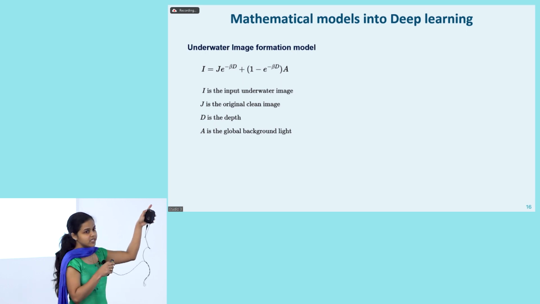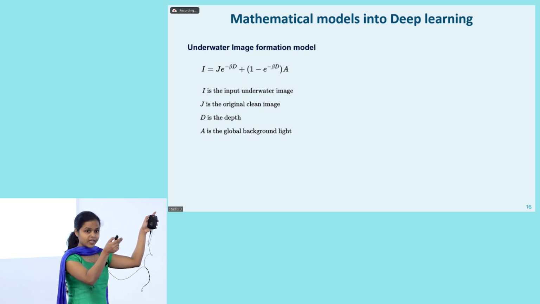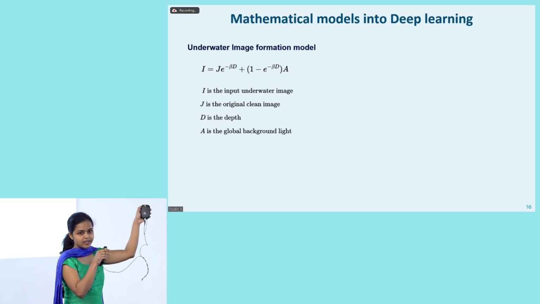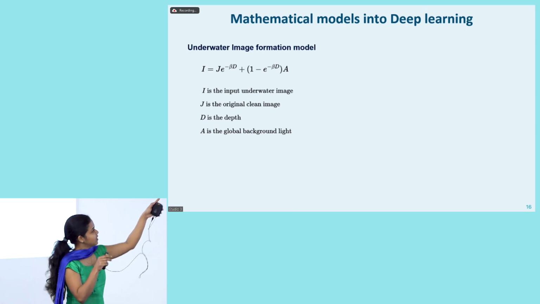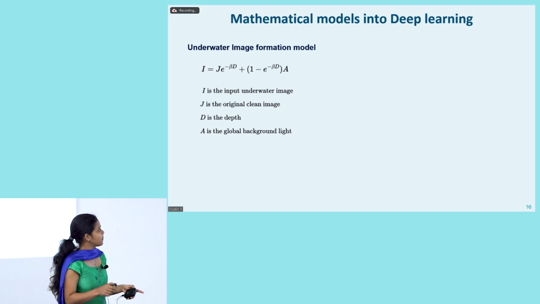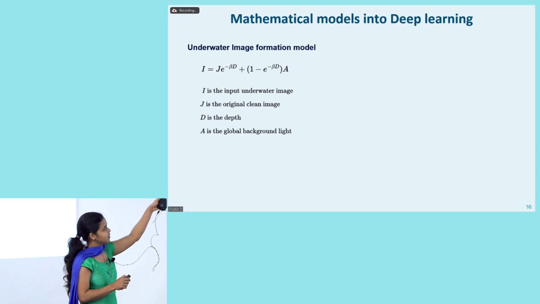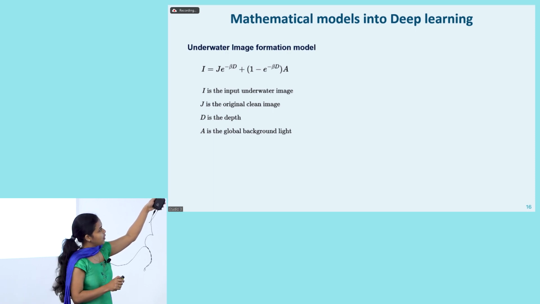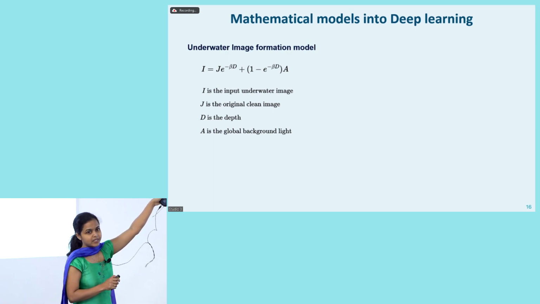The e raised to minus beta d determines the attenuation of J to get the underwater image I. The second term gives the backscatter effect inside the water. We have the underwater image I with us, and we have to find out J and depth d from the given underwater image.